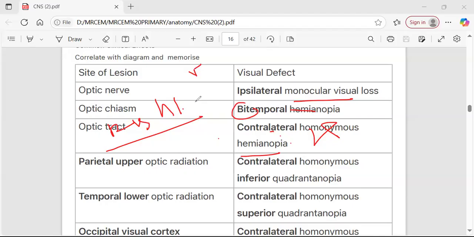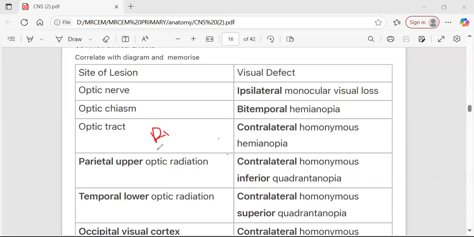And if there is a right optic tract issue, which temporal retina will be involved, and which nasal retina? First tell me about temporal, will it be right or left? If it is a right optic tract issue, tell me about nasal, will it be left or right?